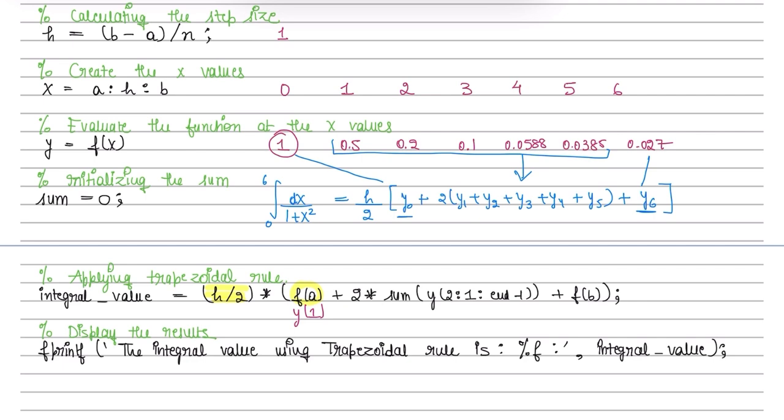After that, we have to find the sum of the between terms and multiply by 2.